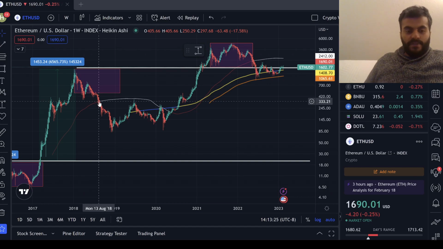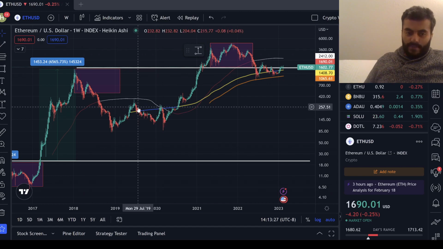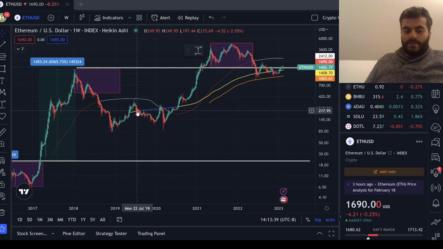Similarly, as Ethereum matured and we had more price data, another indicator that market participants could have used is the 200-week moving average. So in July of 2019, for the first time, Ethereum's price action went below this level, and at that point, the price corresponded to $220.